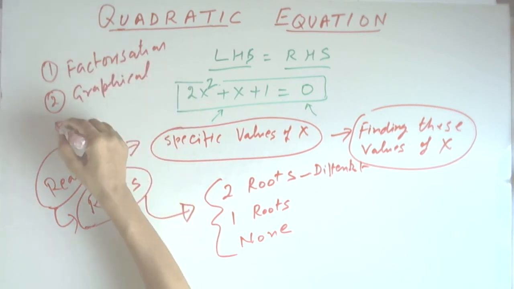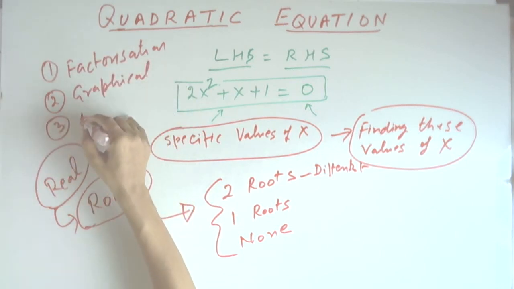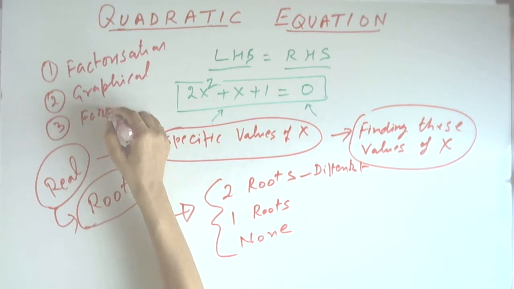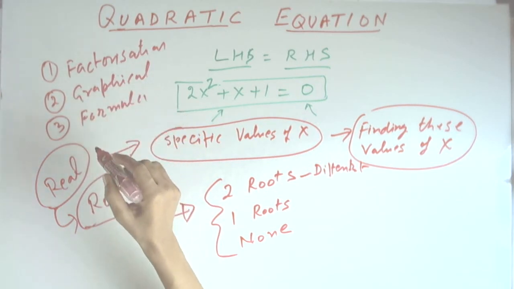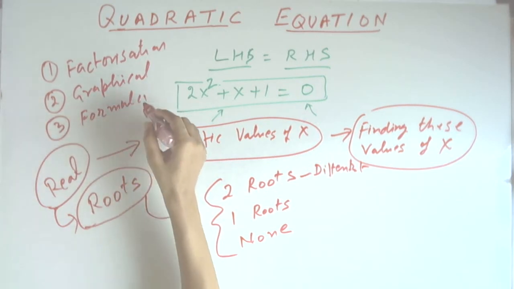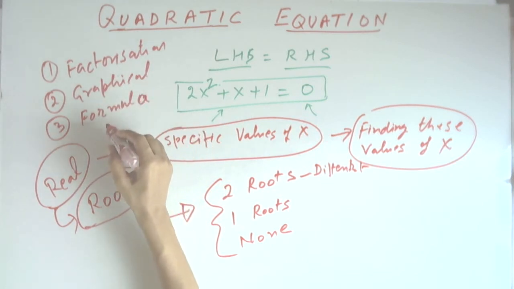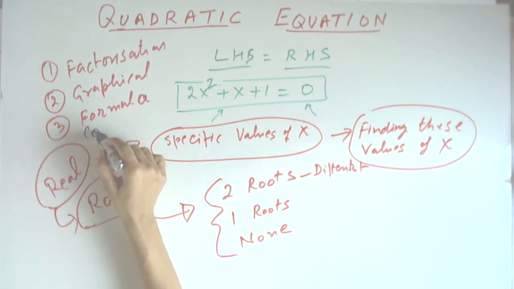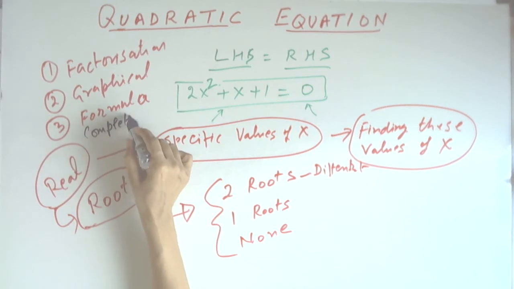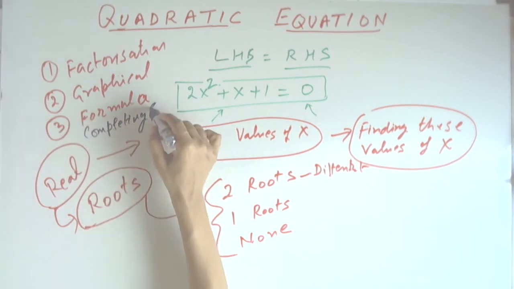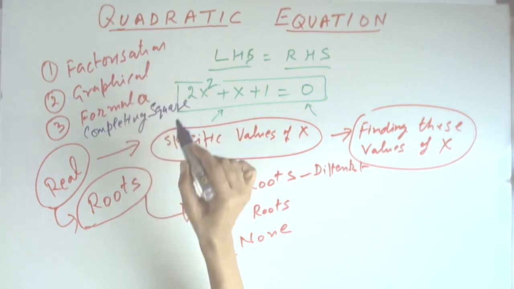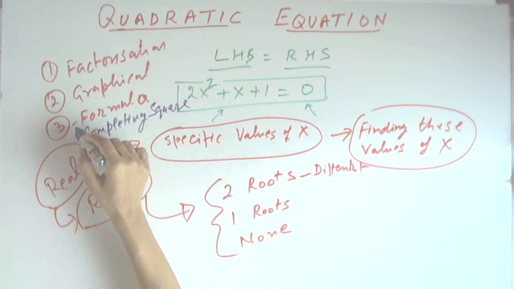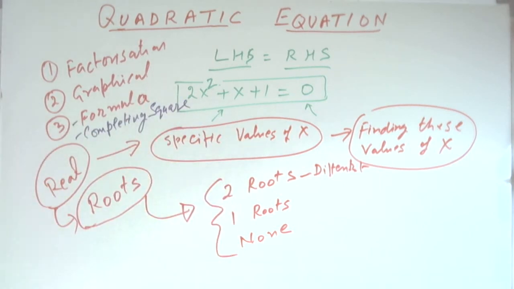And the third is by a formula, or this method is also called the completing square method. So in the third, you can actually consider it as four methods.